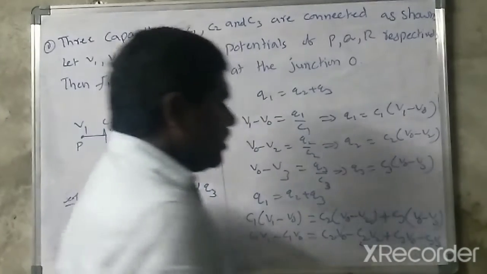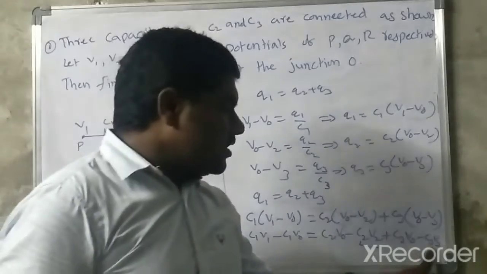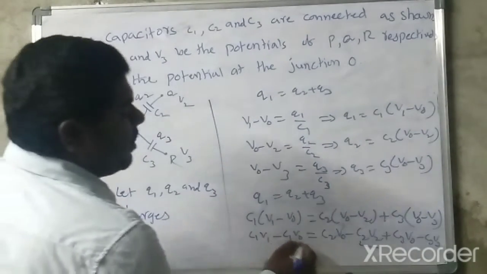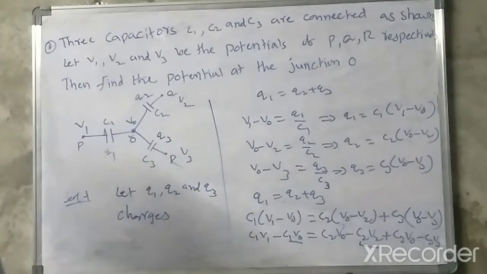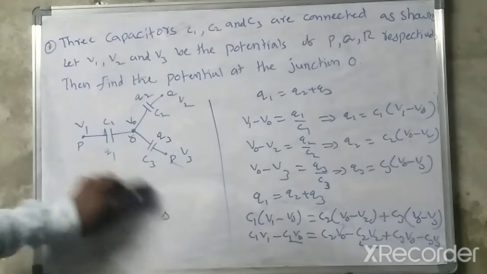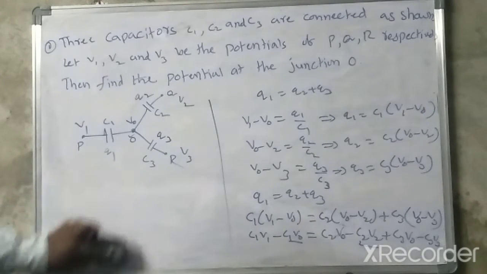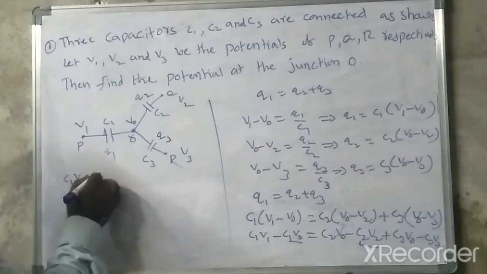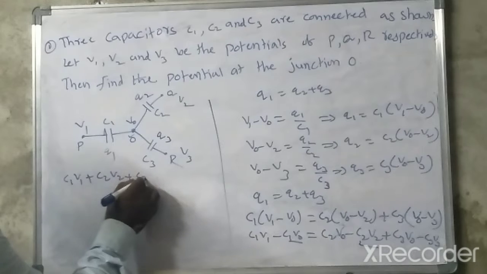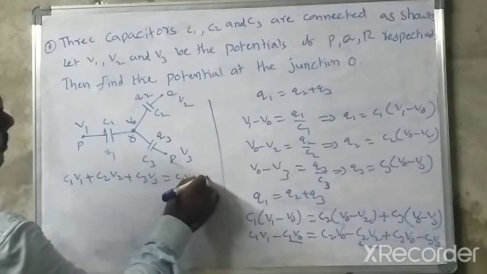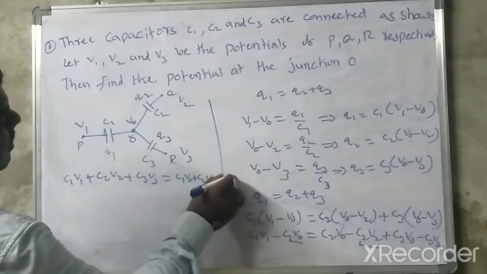Bring the C2 V2 and C3 V3 terms to the left side, and C1 V0 to the right side. So C1 V1 plus C2 V2 plus C3 V3 is equal to C1 V0 plus C2 V0 plus C3 V0.